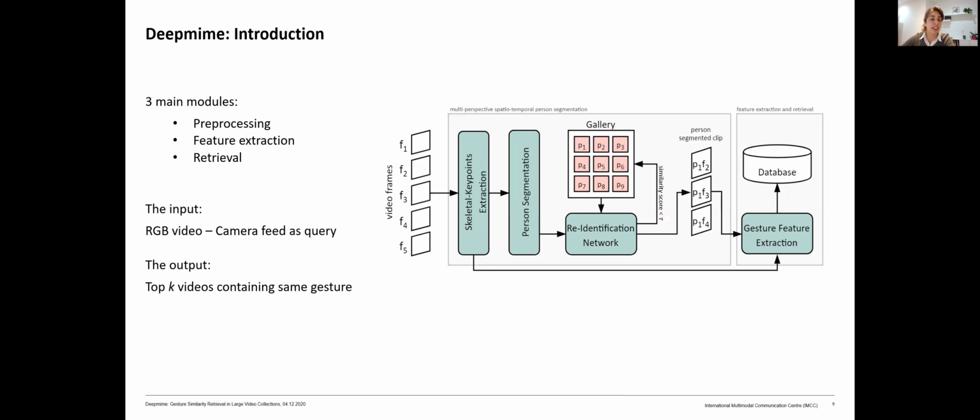This K could be predetermined based on the use case and how many results you want to get from the system. And on the right, you can see the diagram of our system, which is the frames entering the multi-perspective spatial temporal person segmentation, and then the feature extraction and the retrieval.